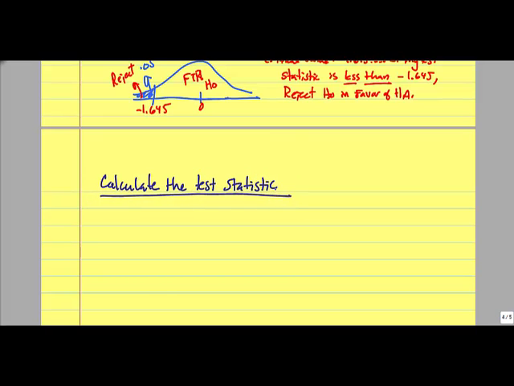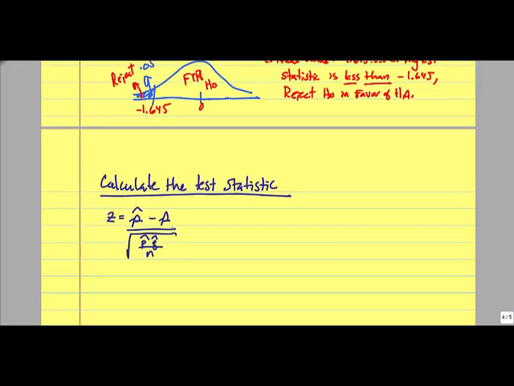So one test statistic, if we were checking the population proportion, would be Z equals p hat, remember, this is my estimate, p hat minus p, this comes from my null hypothesis, all over the square root of p hat q hat over n. So there's an example of a test statistic.